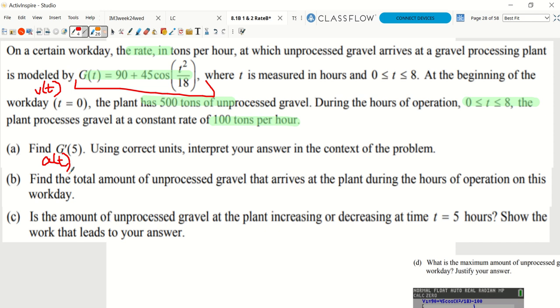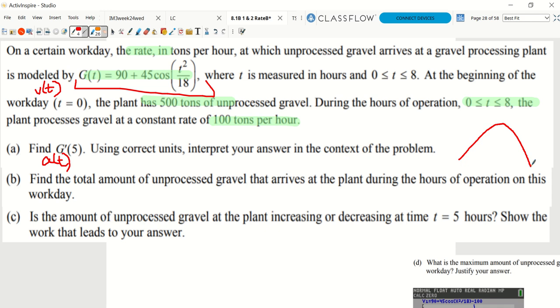Let's frame it in acceleration and velocity context. If acceleration is positive, velocity is increasing or decreasing? Increasing. Let me say that one more time. If acceleration is positive, velocity is increasing. The graph of velocity has a positive slope. If acceleration is negative, that means velocity is decreasing. Because remember, acceleration is the derivative, aka slope of velocity.